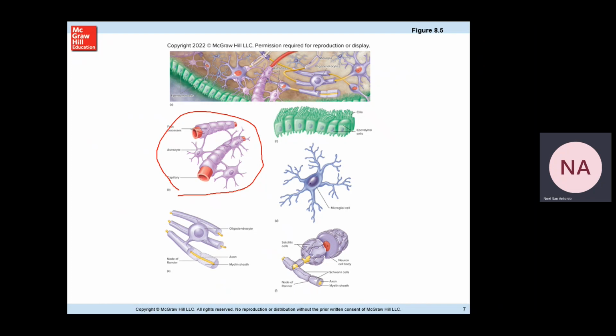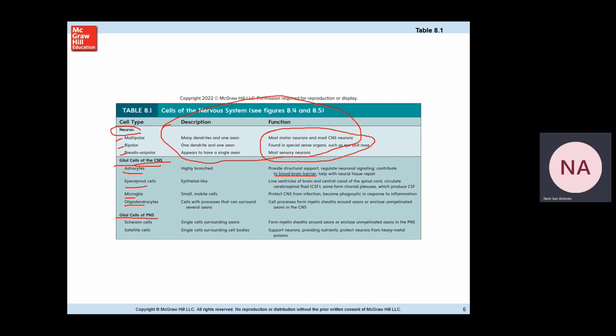So in order for a drug to have its effect on the central nervous system, a centrally acting drug, it must be able to pass through the blood-brain barrier, which is again formed by the astrocytes. Aside from that, what are the other functions of the astrocytes? To provide structural support, to regulate neuronal signaling, and to help with neural tissue repair.